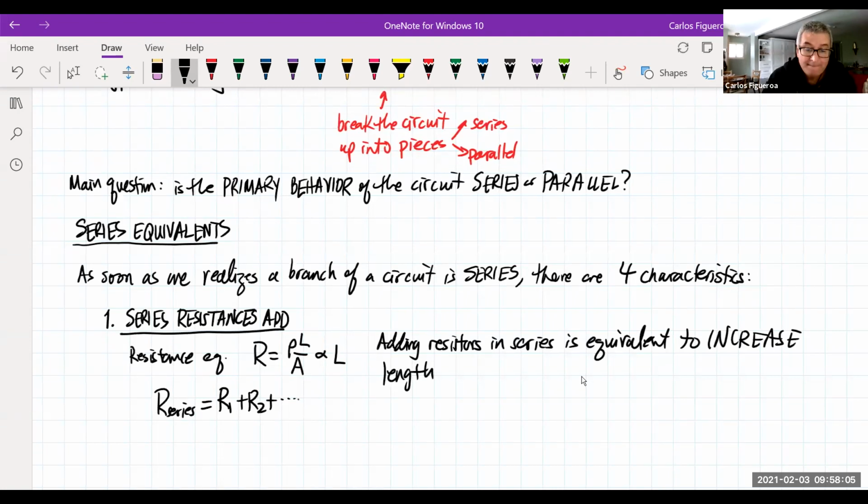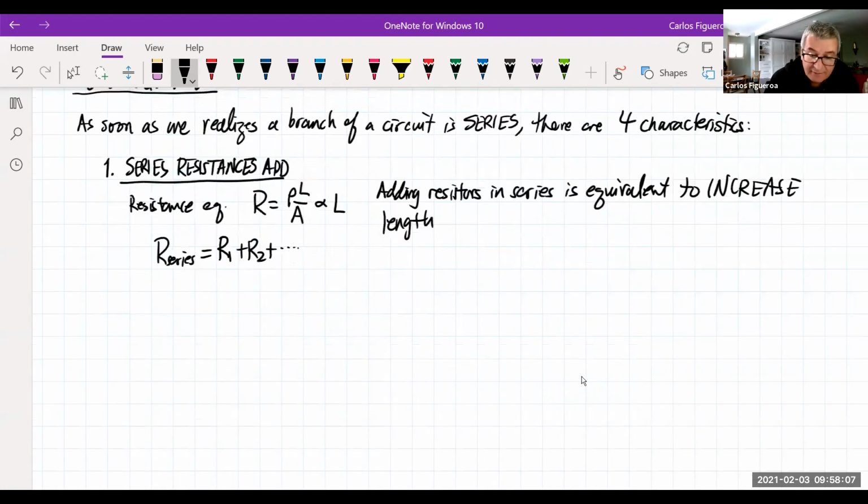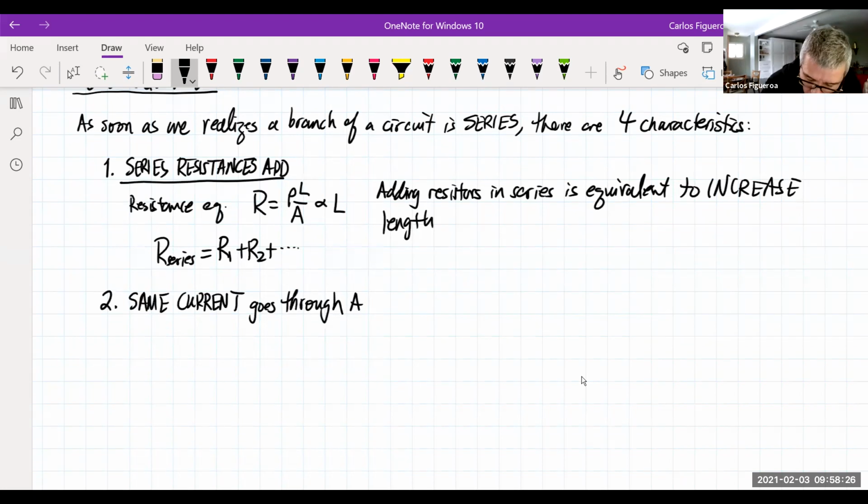So here we go. The second thing is that we know that the same current goes through all series elements.